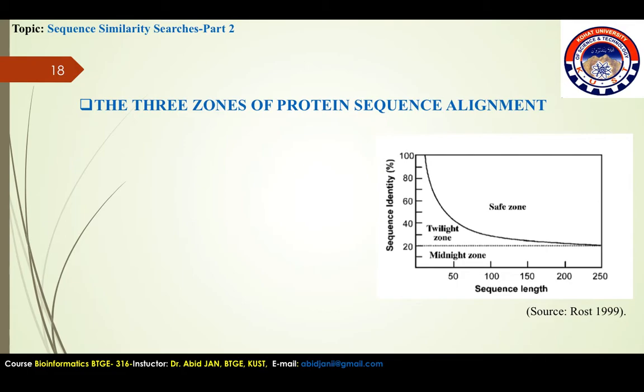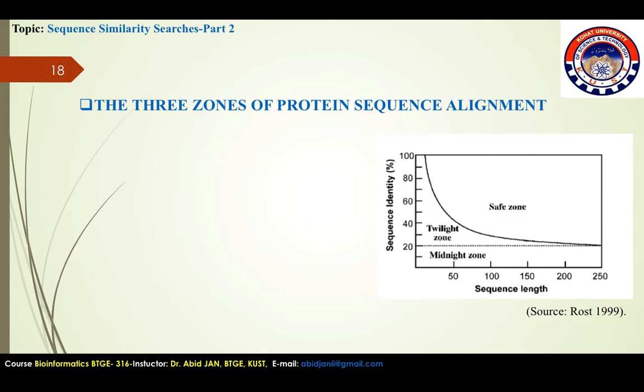The three zones of protein sequence alignment. When two protein or gene sequences are very similar, biologists call them homologous. If your sequences are more than 100 amino acids long, the rule says you can label proteins as homologous if 25% of the amino acids are identical.